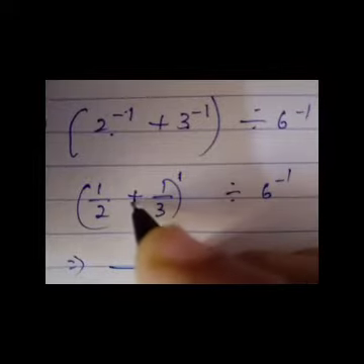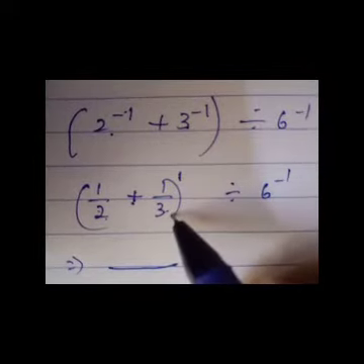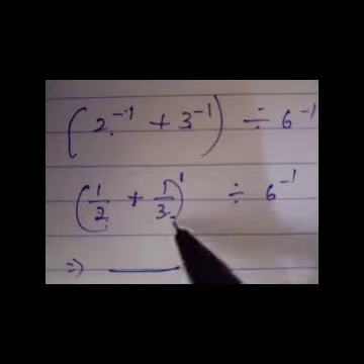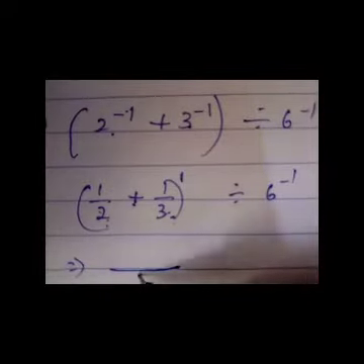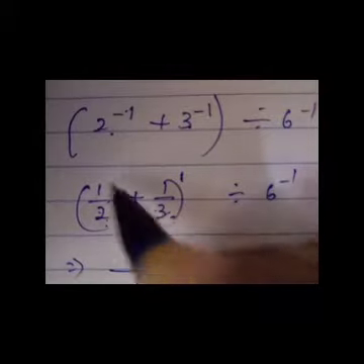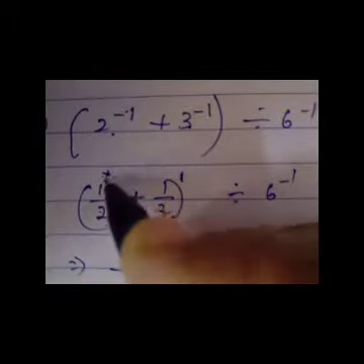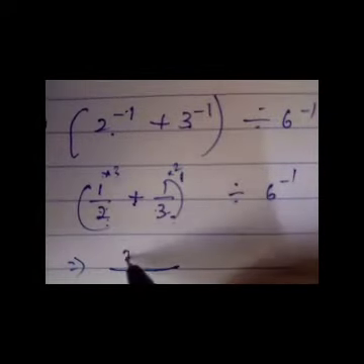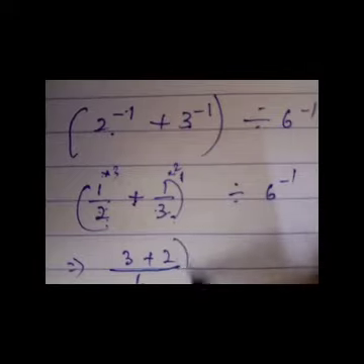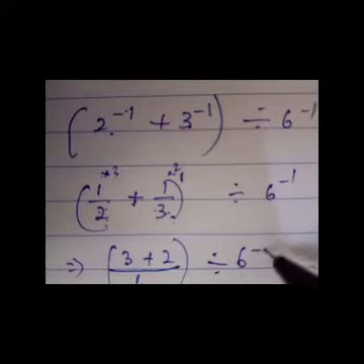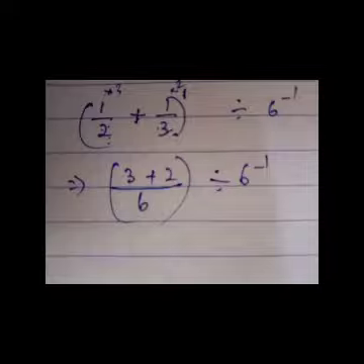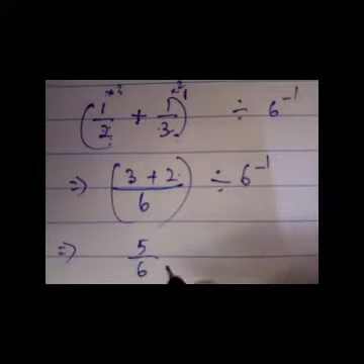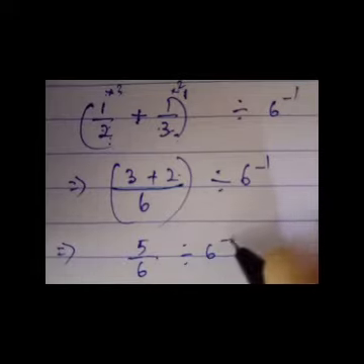If it is plus, the denominator should be common. For 2 and 3 the common denominator is 6, and cross multiply: 1 threes are 3 plus 1 two is 2, divided by 6^-1, which is equal to 3 plus 2 is 5. So 5/6 divided by 6^-1.